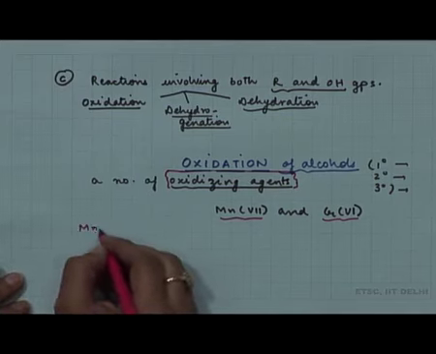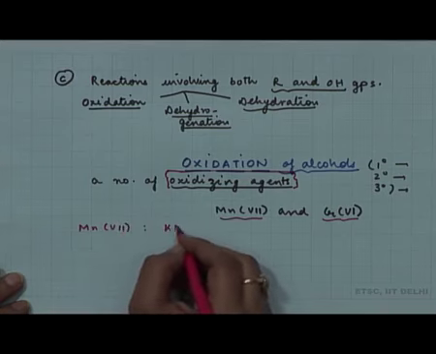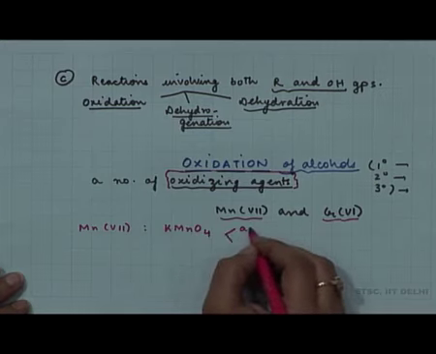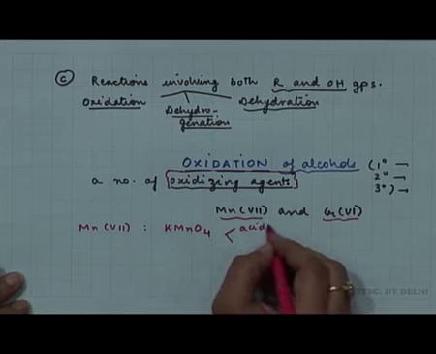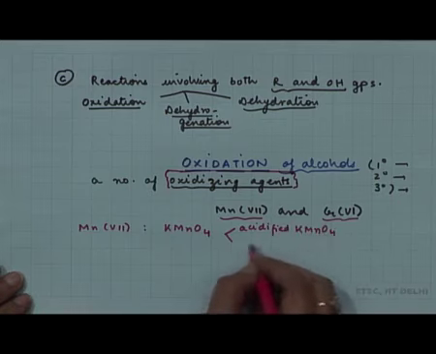For manganese 7, the reagent which we use is KMnO4, potassium permanganate. It can be used under acidic conditions. So, we have acidified KMnO4, or it can be used under alkaline conditions, in which we have alkaline KMnO4.